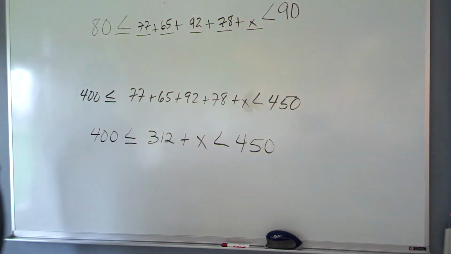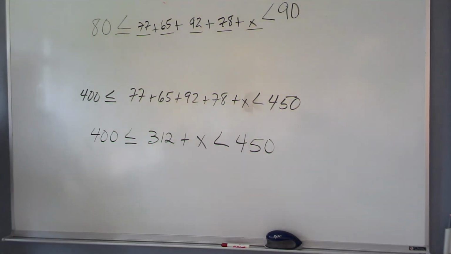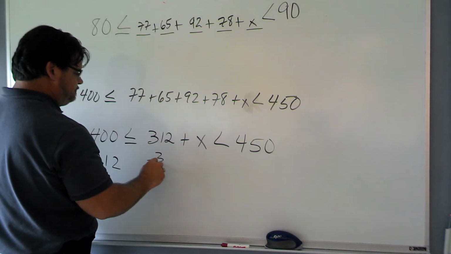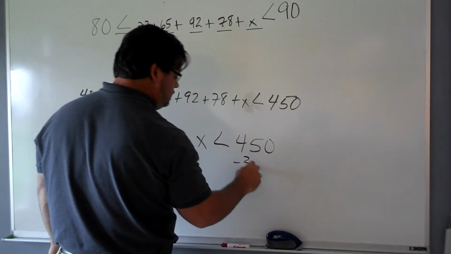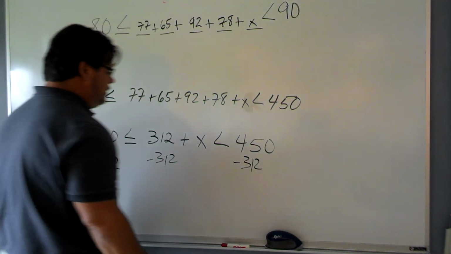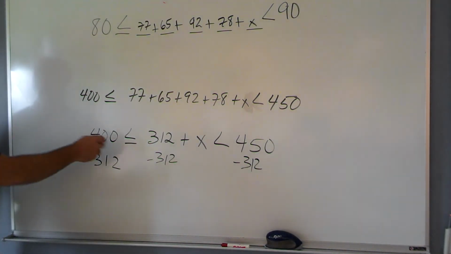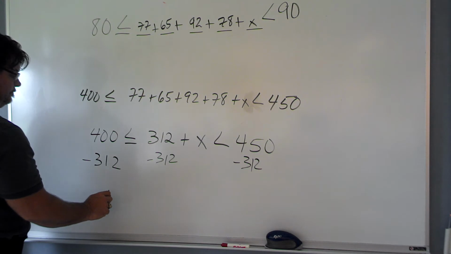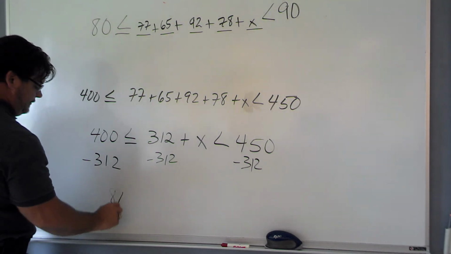How do we get X by itself? Subtract 312 all the way across. 400 minus 312 is what? 88. That's right, class.